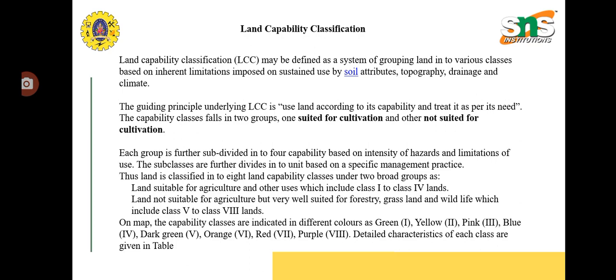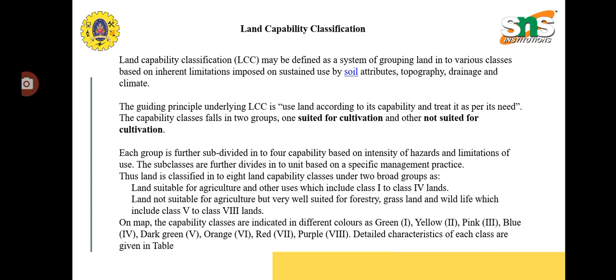Other factors include distance to market, kind of roads, location, size of farms, etc. The classification doesn't include the capability of soil for trees, tree fruits, small fruits, ornamental plants, recreation, or wildlife. The classes are based on the intensity of the kind of limitation for agriculture. Each class includes many kinds of soil, and many of the soils in any class require different management and treatment.